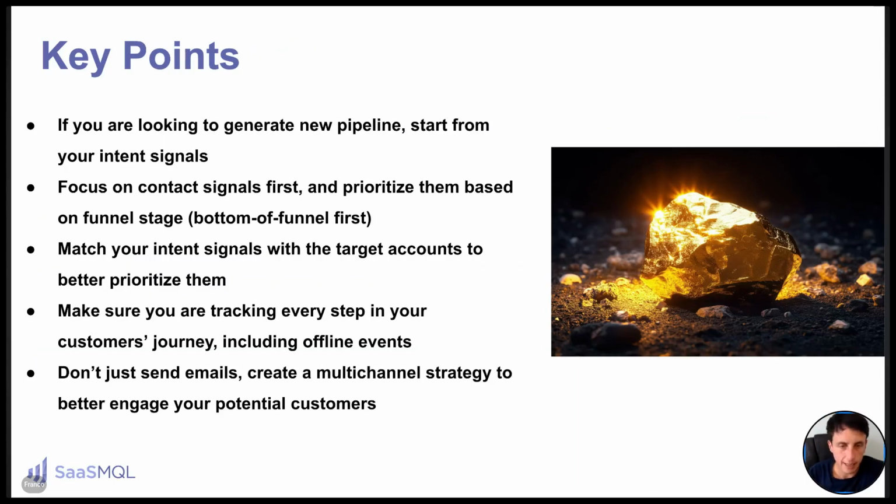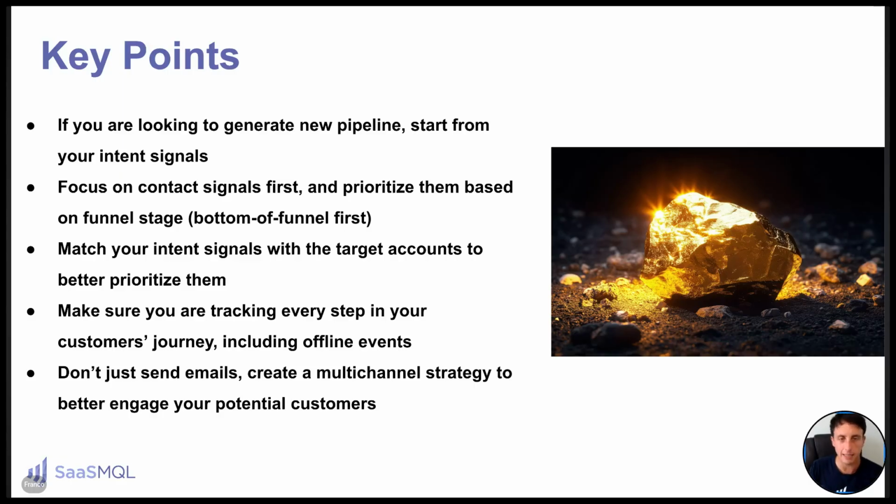So I want to summarize the key points of today. If you need to hit a certain pipeline goal by the end of Q3, probably late, but Q4, the first thing you want to do is look at every piece of data that you have sitting there.